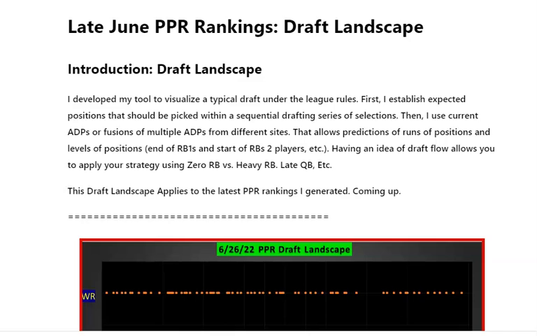So I try to then use ADPs to fix and establish positions per pick, what is being picked on average in a sequential kind of drafting series, right?